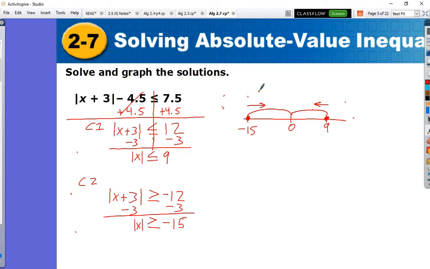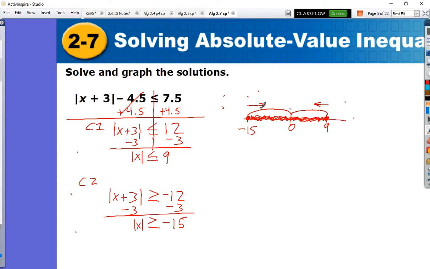All right, and that's why we had to turn this around so that we wouldn't be going the opposite direction. All right, because then that means all of these numbers in here would all have an absolute value of less than 9 and greater than negative 15.